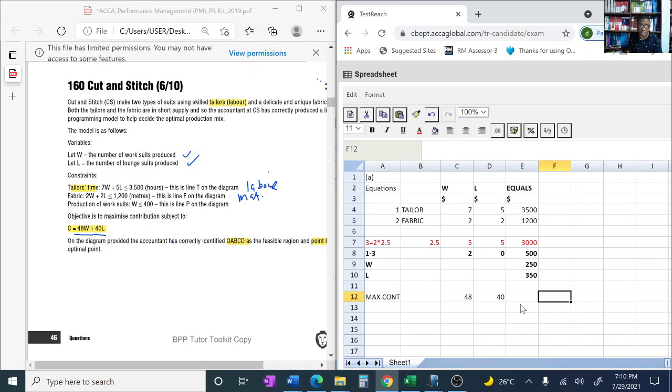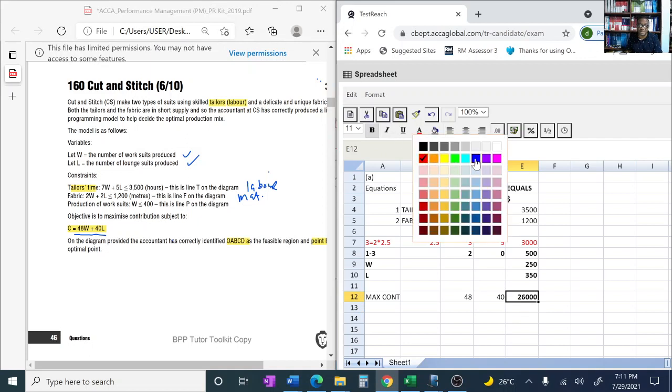So what it means is 48 times the W value of 250 plus 40 times that should give us this value. So literally, I could work this out by saying my 48 multiplied by the corresponding W value, and then I add on, open up the bracket, 4 multiplied by this, that, and that, and I have 26,000 being my maximum contribution. Very simple.